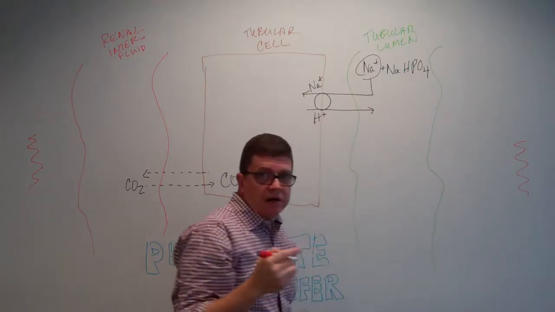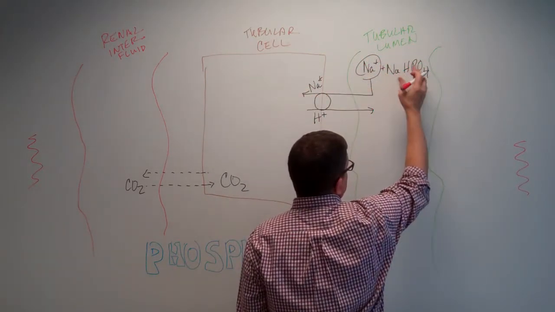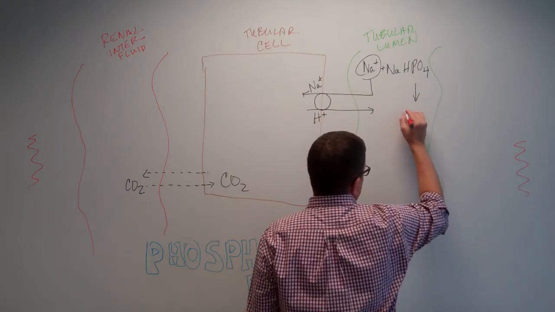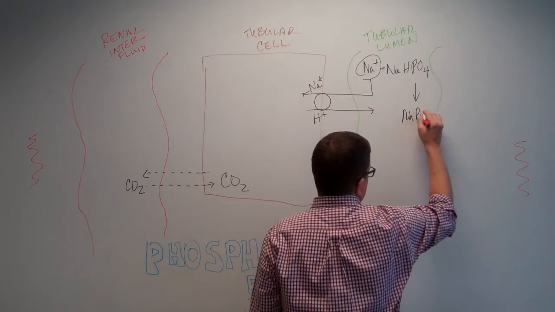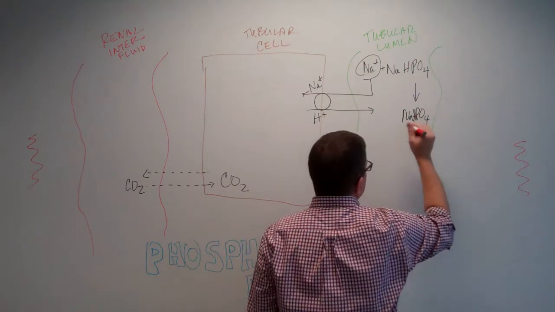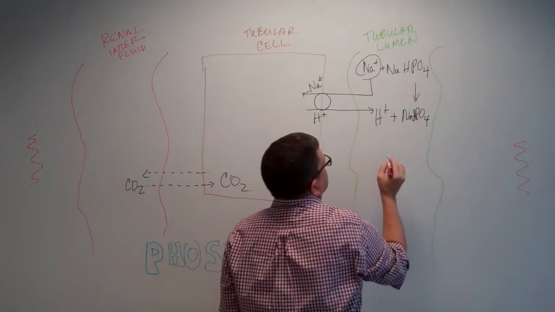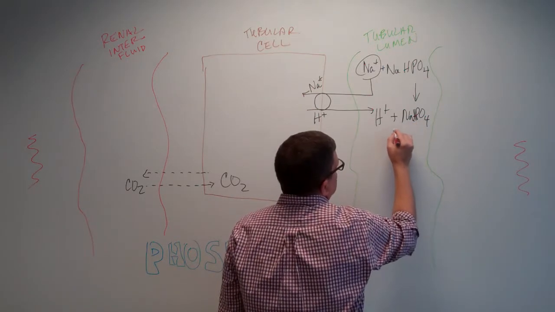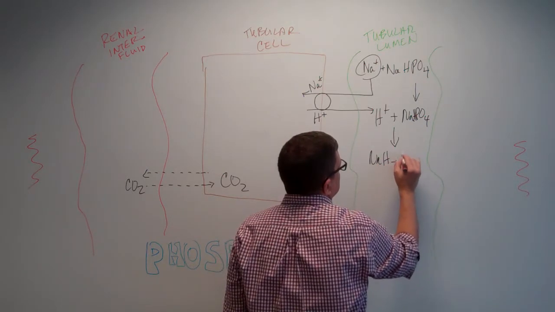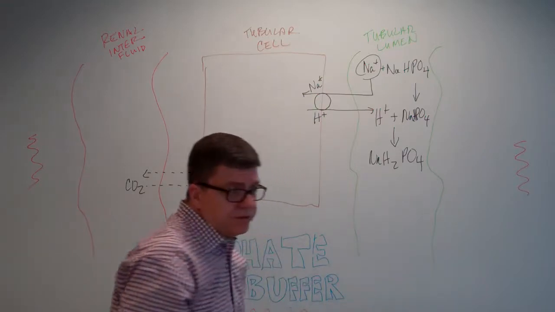So what happens with the hydrogen? We already said that the sodium heads in this direction, so what's left over here is the sodium phosphate. So this drops down, sodium HPO4, and here is the hydrogen ion, so plus that. And this all becomes NaH2PO4, sodium dihydrogen phosphate.